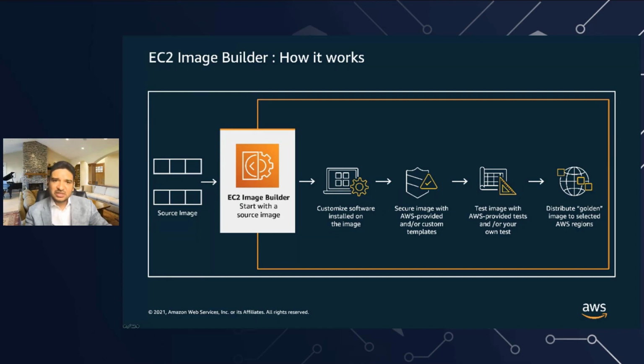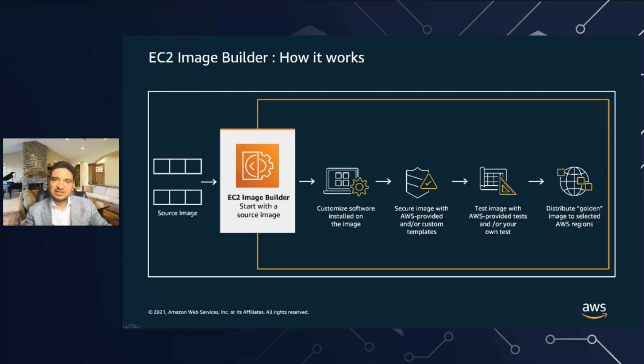Once you have that custom software added, like those agents or your own packages, you can go to the next step, which is the build phase. Actually, adding the package software is also part of the build phase. This is where you can use your own custom templates or the templates provided by AWS.